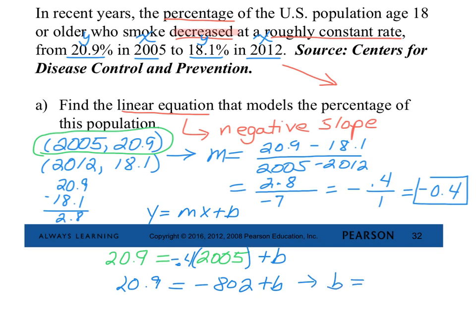So substituting in, I have 20.9 is equal to negative 0.4 times 2005 plus b. Negative 0.4 times 2005 is negative 802. And when I add 802 plus 20.9, I get 822.9.